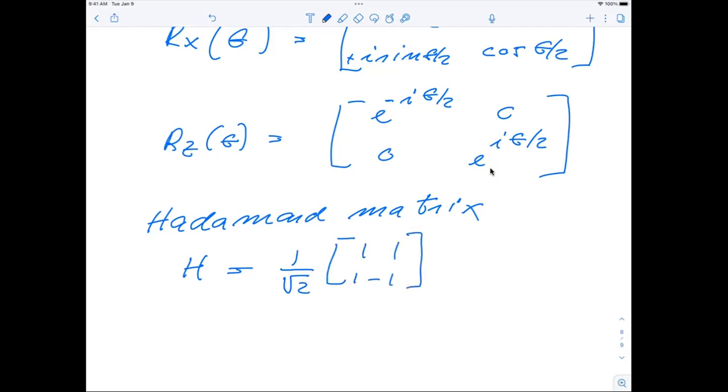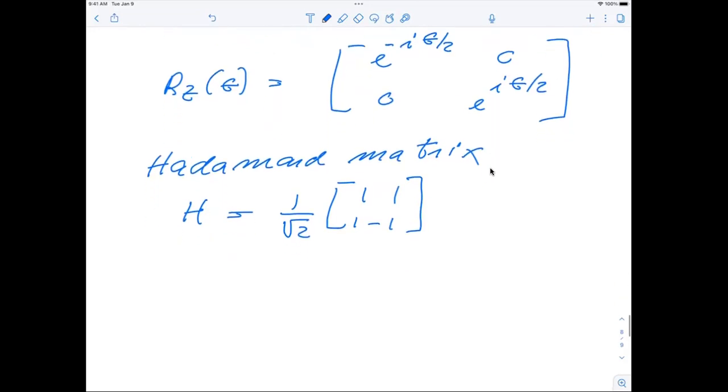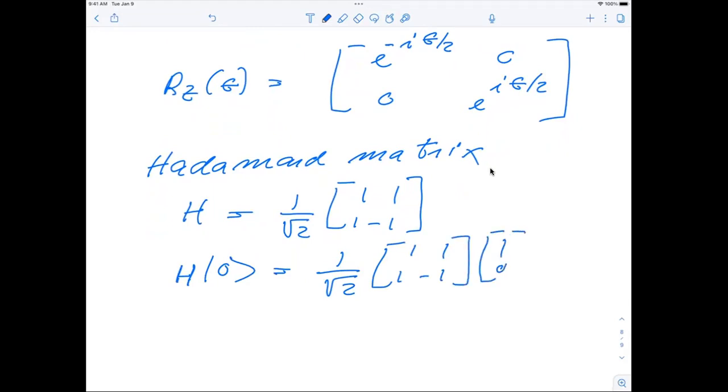We can interpret this in terms of specific operations on the system. When this operator acts on a state, suppose it acts on the state 0, this is the same as 1 over square root of 2 of 1, 1, 1, minus 1, acting on 1, 0.